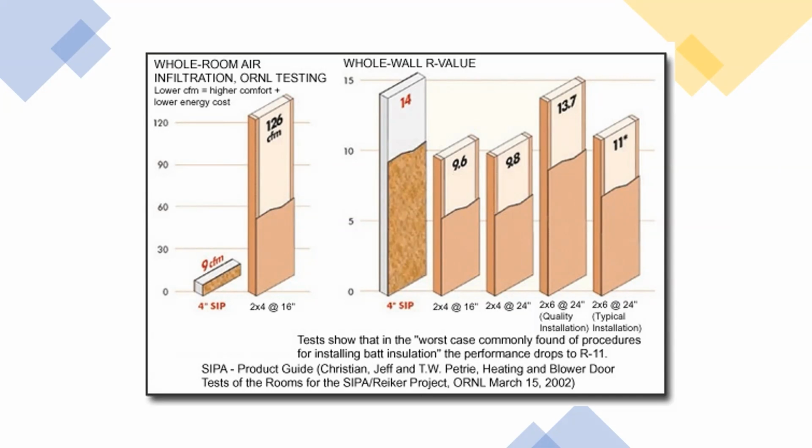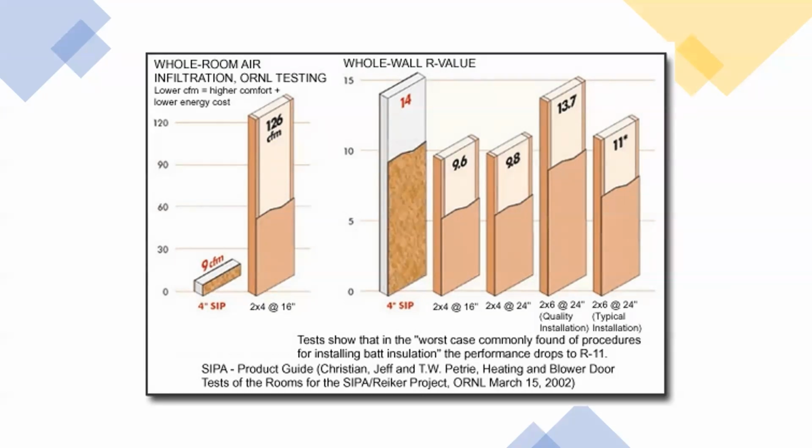It can perform as an R14 in an R15 cavity wall. Like if you're doing R15 high-density batts, then you're comparing it to SIPs. Its overall effectiveness in that same wall is R14, compared to a 2x4 wall that's 16-inch on center. Its effective R value is 9.6.